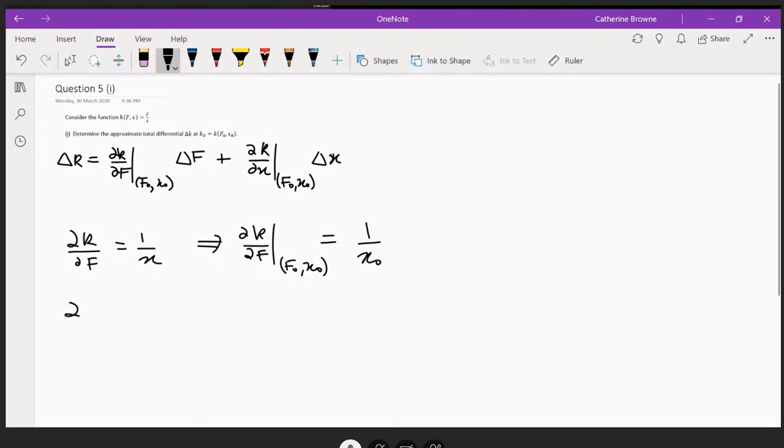And if we do the same for x, you might want to write that as f times x to the minus 1, so it's minus f over x squared.